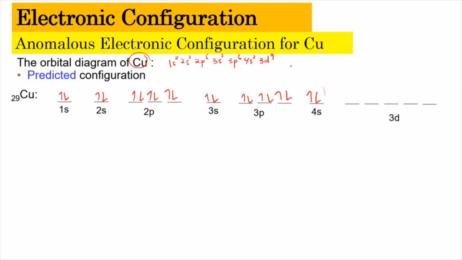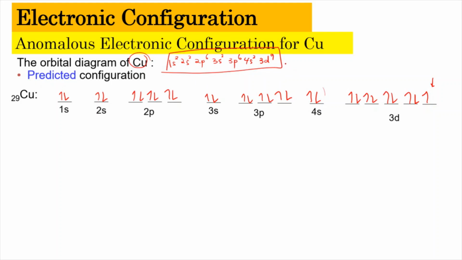And then we have the balance 9 here to be filled in the 3d orbital. So we're going to fill it singly first, then only we pair them. Okay, as you can see here, there's going to be an empty space for an electron to enter. So this is what we predicted it to be.